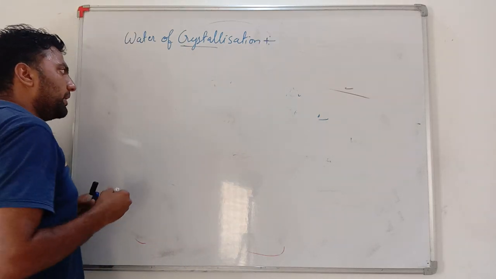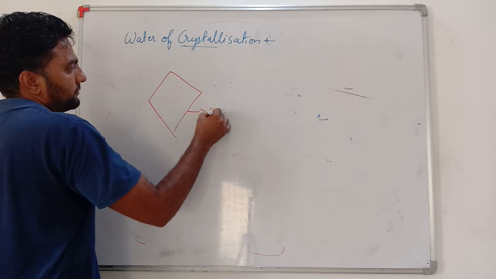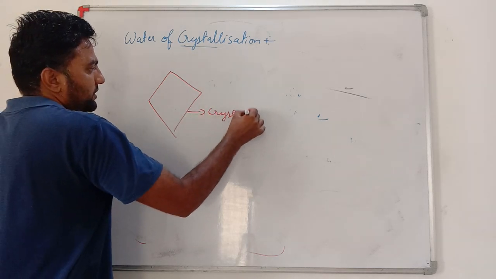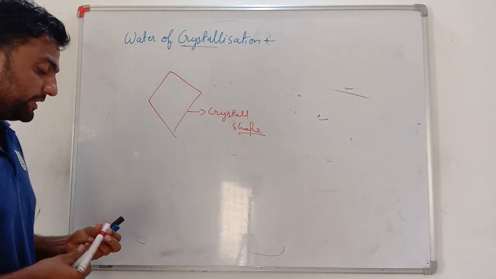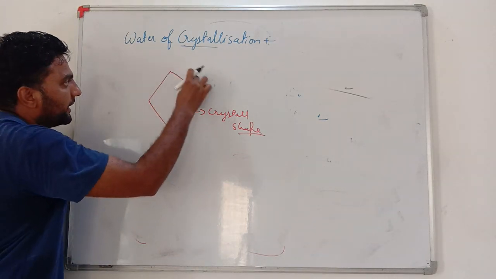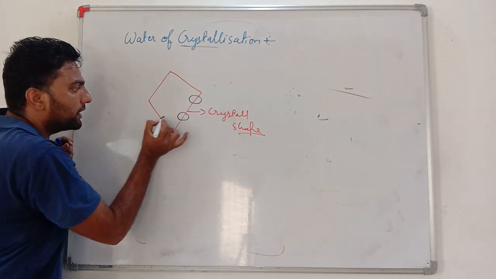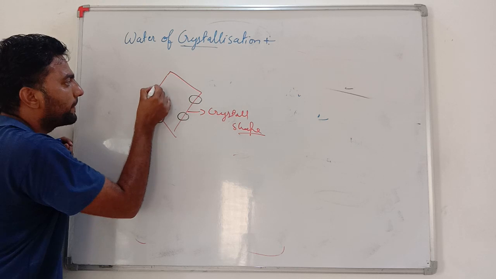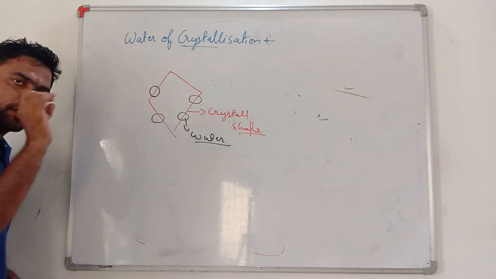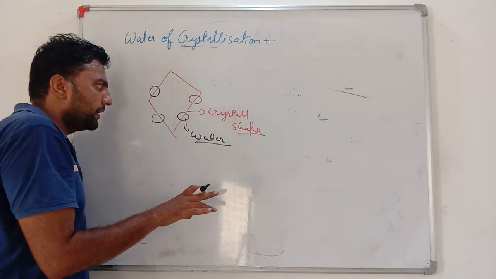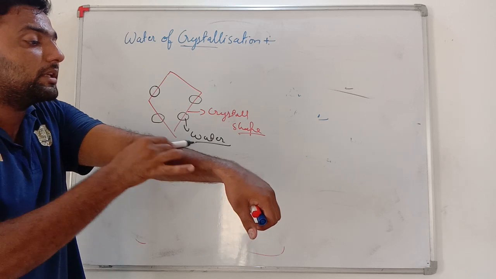Actually, my dear students, salts have a crystal shape. Very important. That shape is because their structure has water molecules in it. We cannot see these water molecules, and they are not just on the salt.